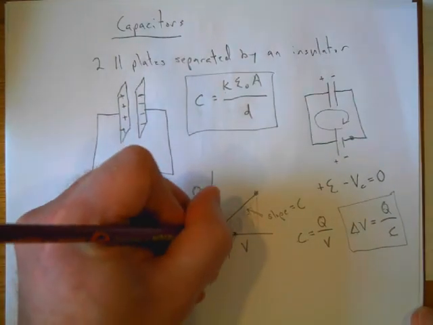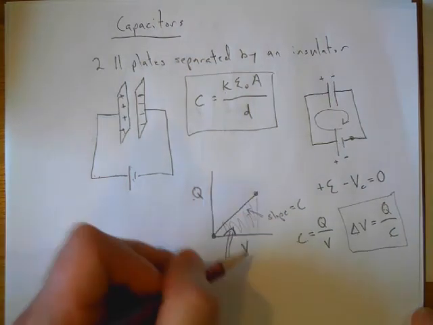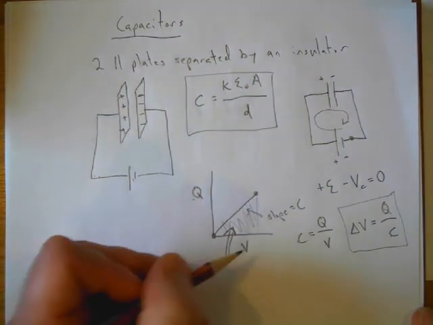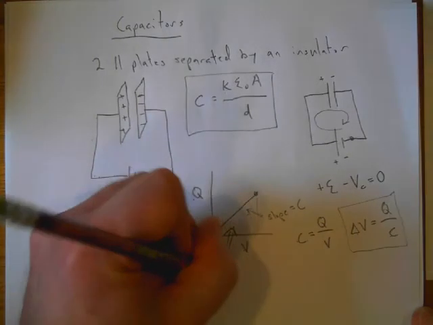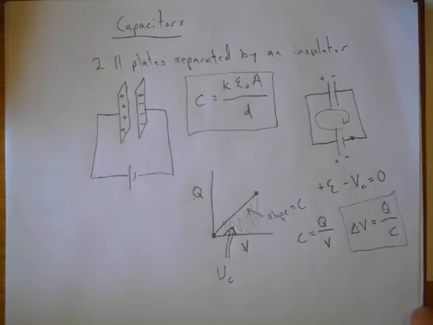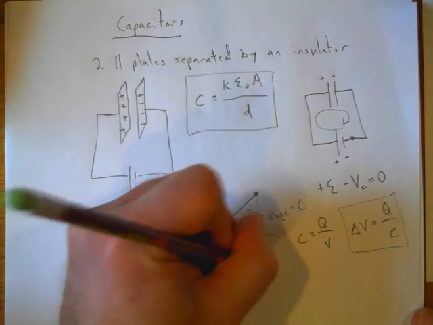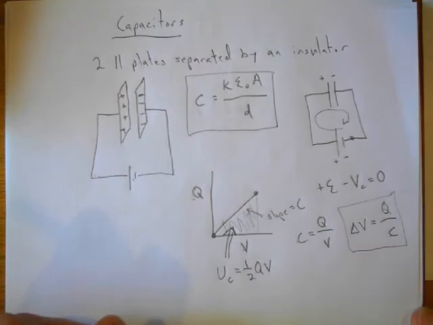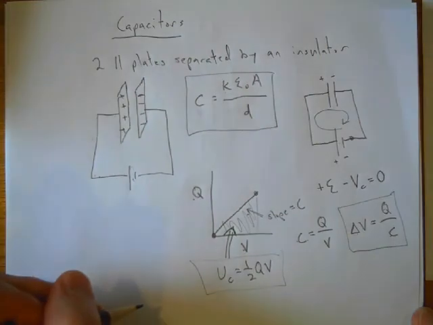The area underneath, if you think about units, this is coulombs and this is joules per coulomb. So if you take joules per coulomb times coulombs, you get joules. So the area underneath tells you the energy that's stored by the capacitor, which would be 1/2 Q times V. Yes, that is on your formula sheet.